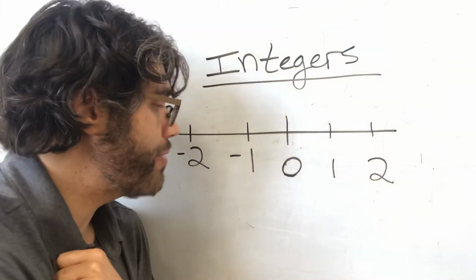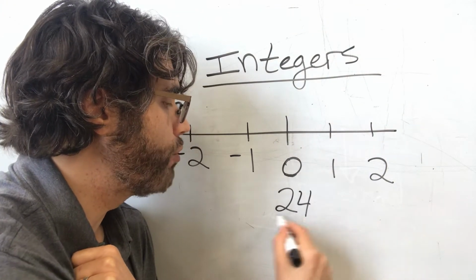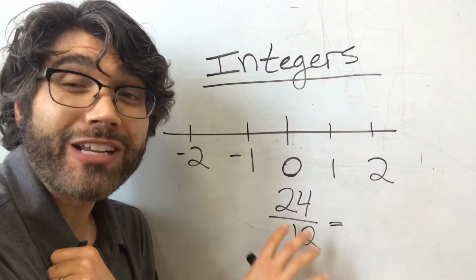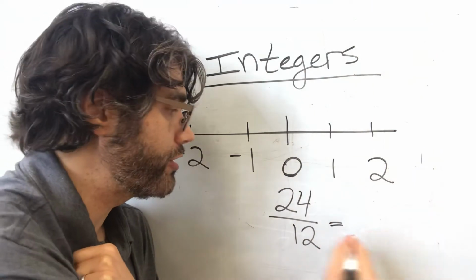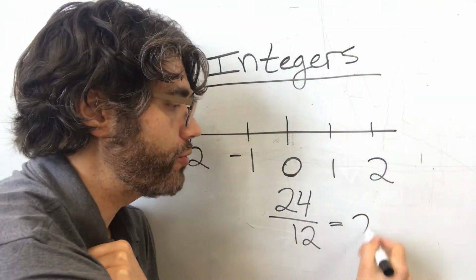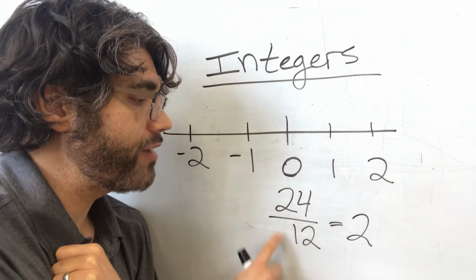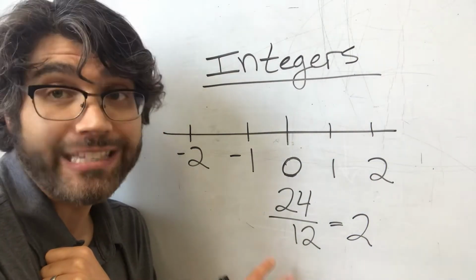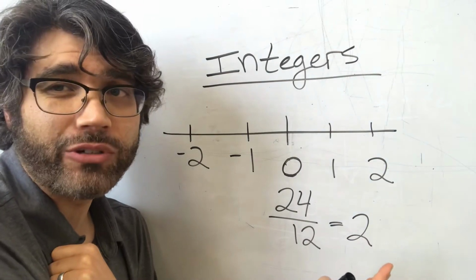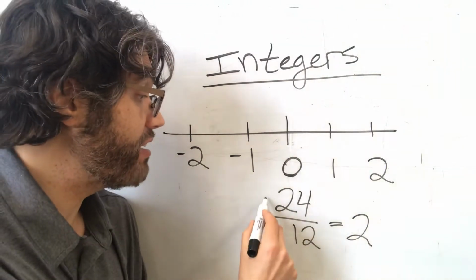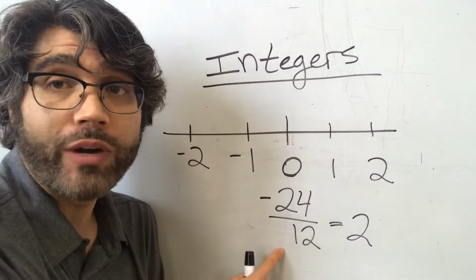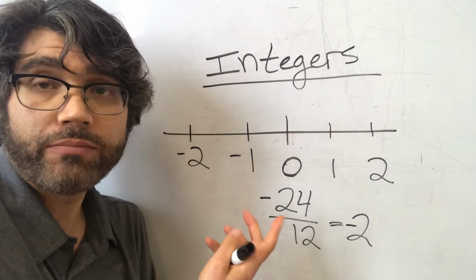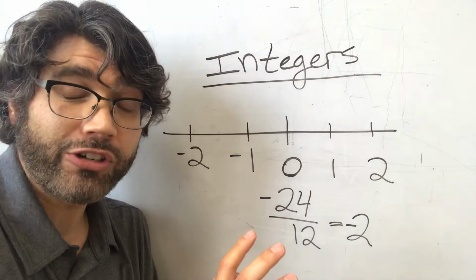Or if you had, say, 24 over 12, yes, it's a fraction, but it can be reduced to an integer. 24 divided by 12 is 2. So even though 24 over 12 is in fraction form, we also consider it an integer because it reduces down to 2. I mean, if -24 was on top over 12, then this would be -2. And -2 is also an integer. So that's just a review of what integers are.